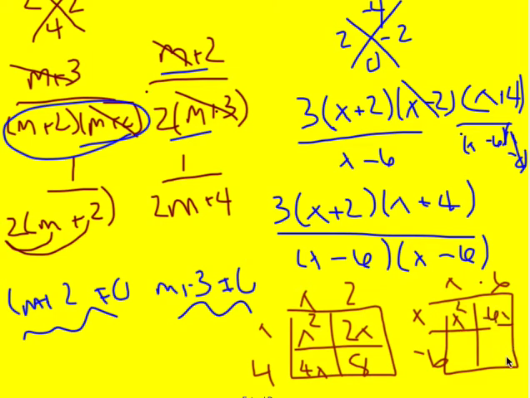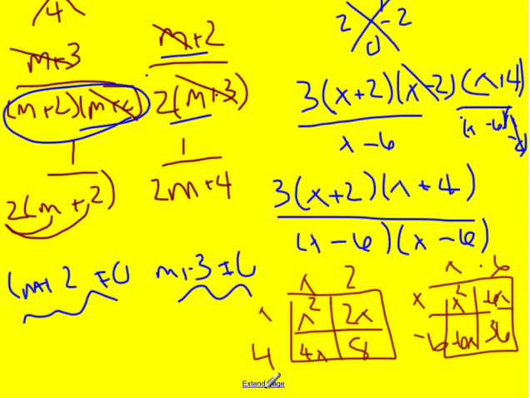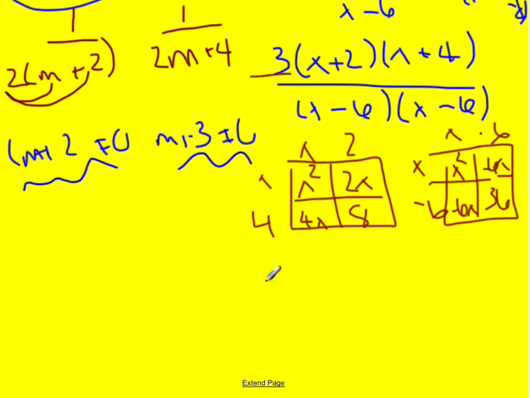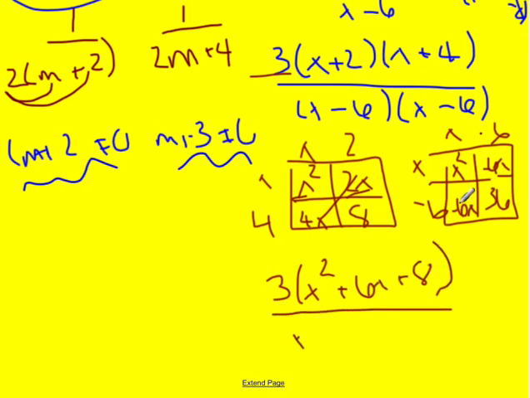So when you multiply those together, now we need to add them together. So we need to combine our like terms. For the top, we still have this 3 on the outside. And we have x squared plus, we can add the 2x and the 4x, so we have x squared plus 6x plus 8. And we're going to close the parenthesis. On the bottom, we have x squared, and I can combine negative 6x and negative 6x, and that'll give me negative 12x, and then adding 36.